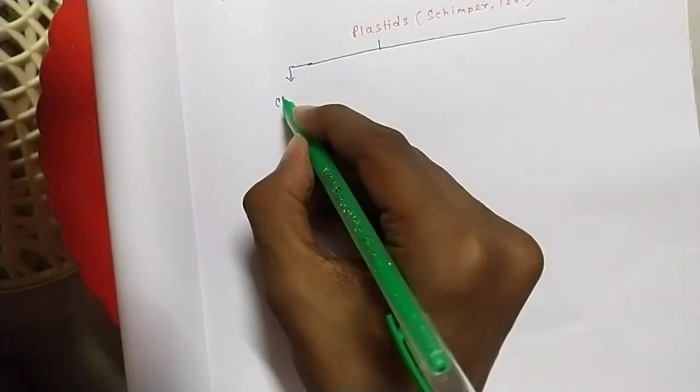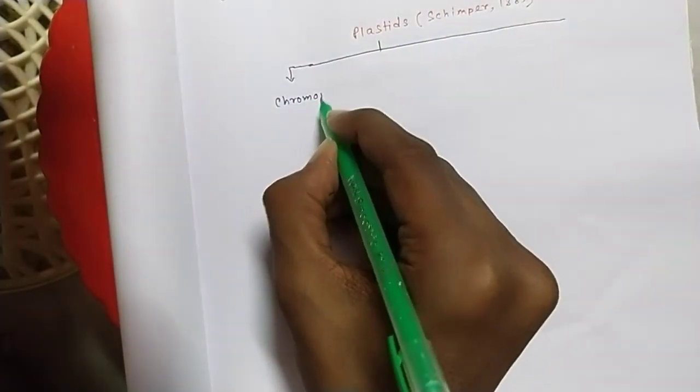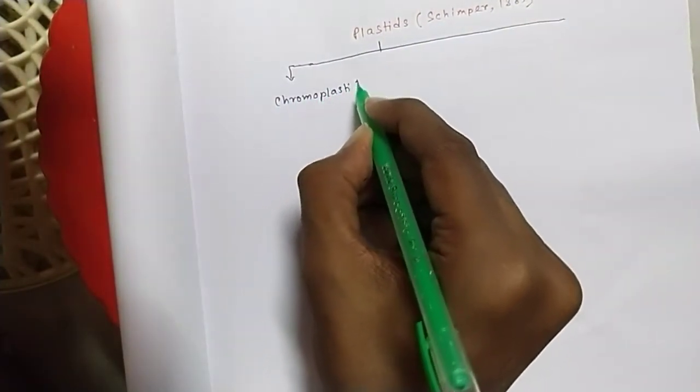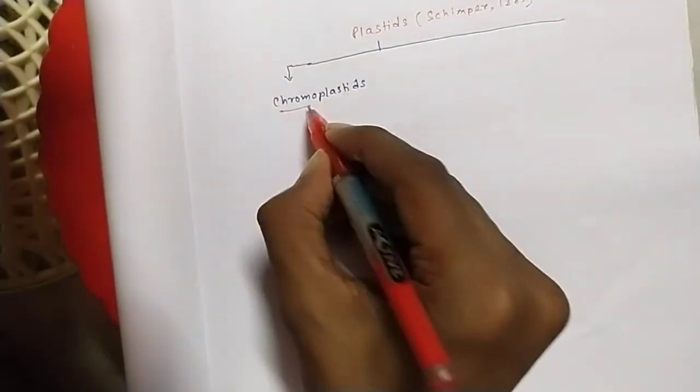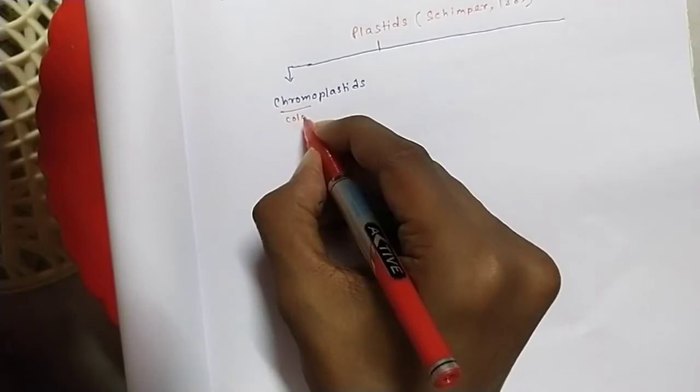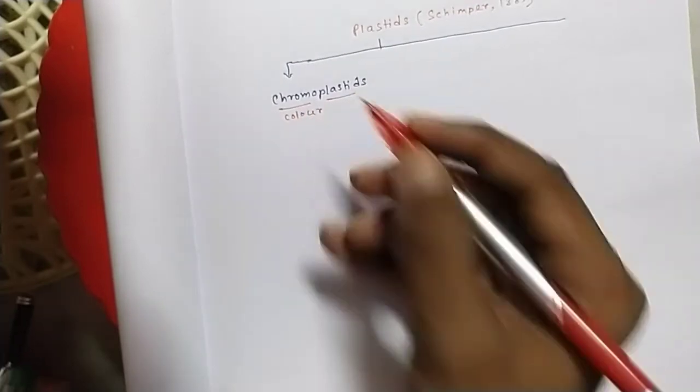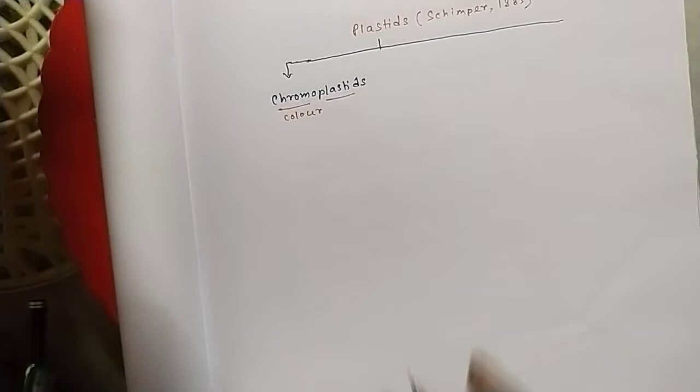The first type is chromoplastid. Chromo means color, and plast means molded or structure. So it is a colored body.